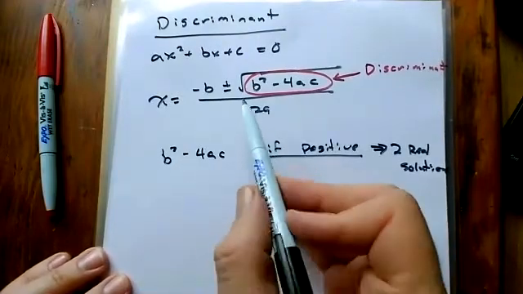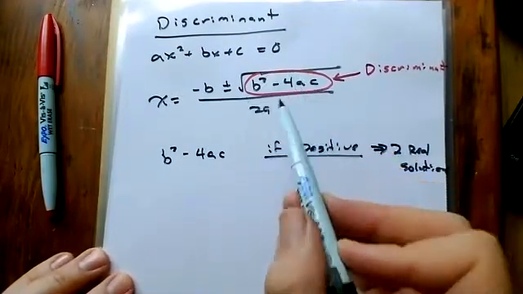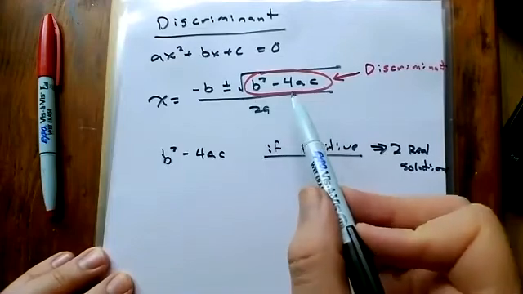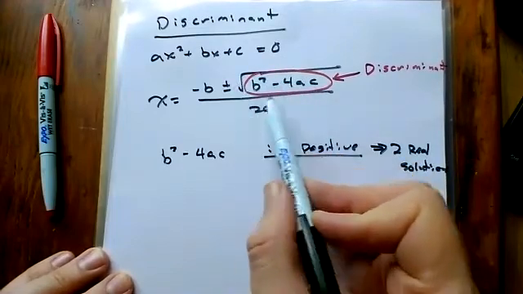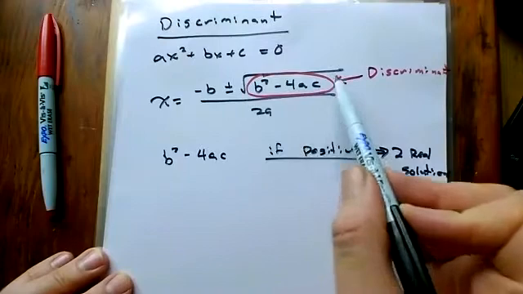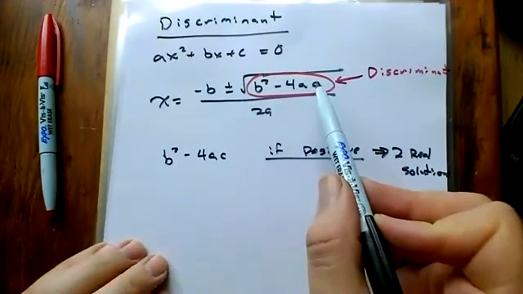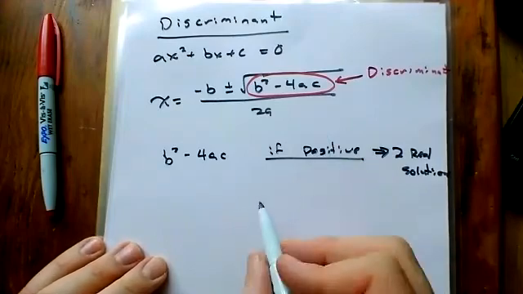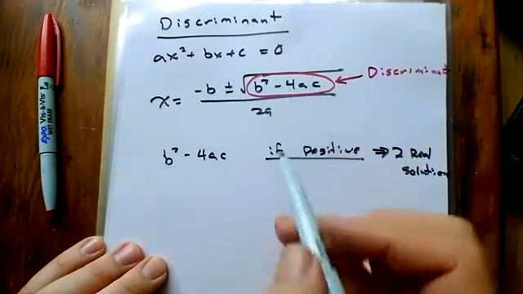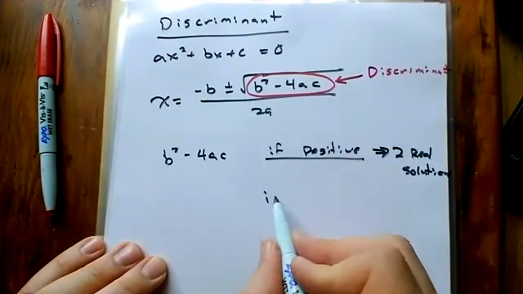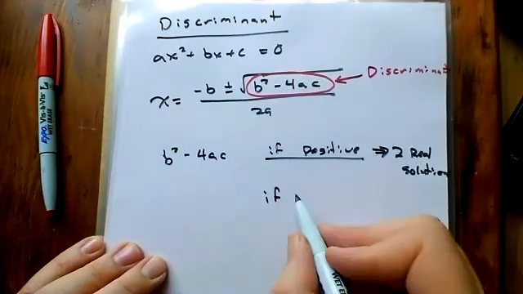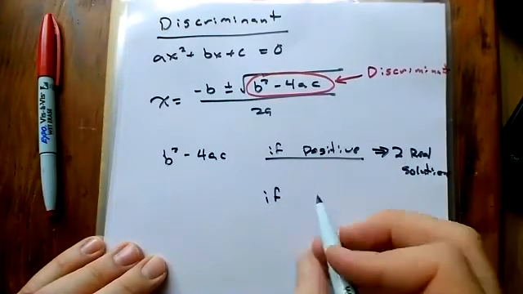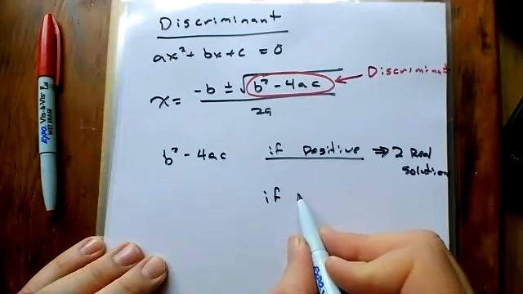Now, if that happened to be negative, then instead of this being real, this whole piece of the quadratic formula would be imaginary. So instead of two real solutions, you'd have two complex solutions.